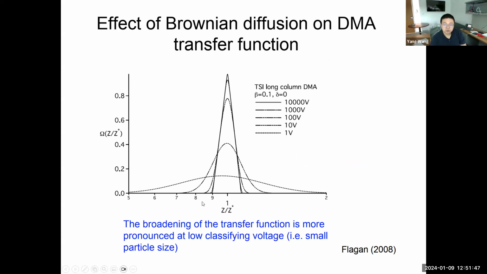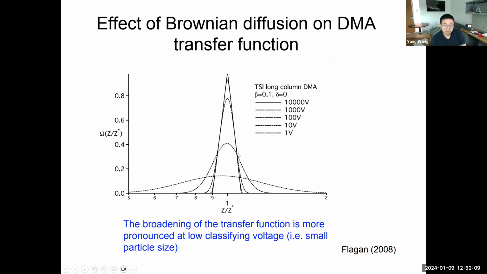And this image here shows you how the transfer function shape is dependent on the Brownian diffusion of the particles. So here, different lines represent the different voltages being applied onto the DMA. The lower the voltage, the smaller the size that corresponds to this voltage.